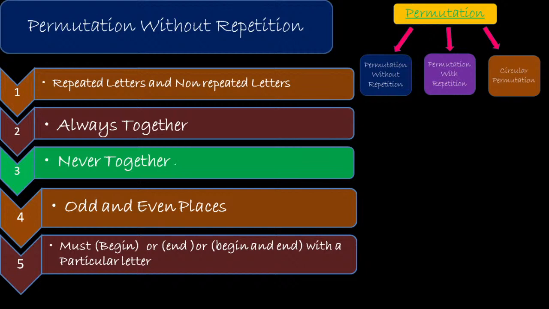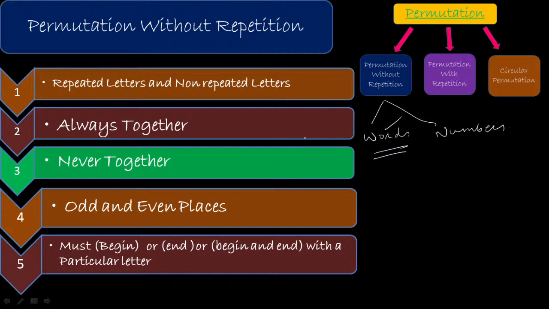In permutation without repetition, you may expect the problems in terms of two categories: either in terms of words or in terms of numbers. First, we are going to discuss how to calculate permutations involving words, that is, permutation without repetition in terms of words.